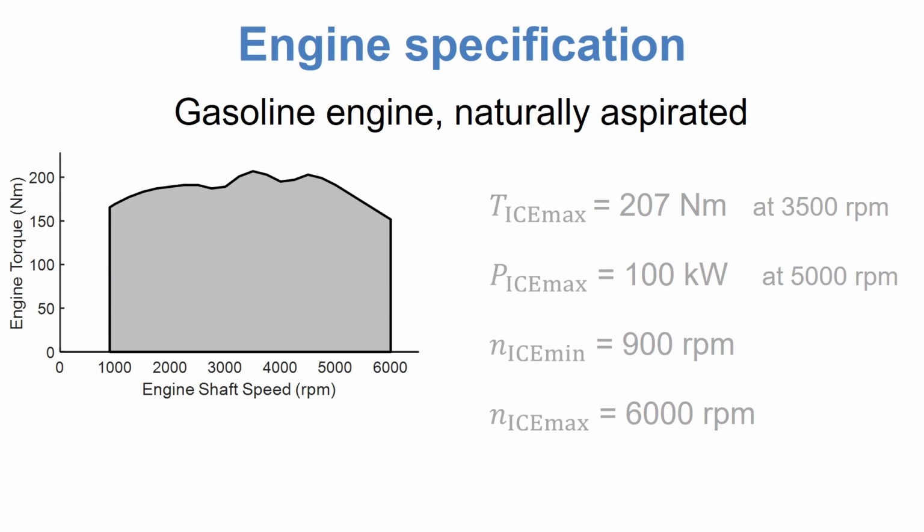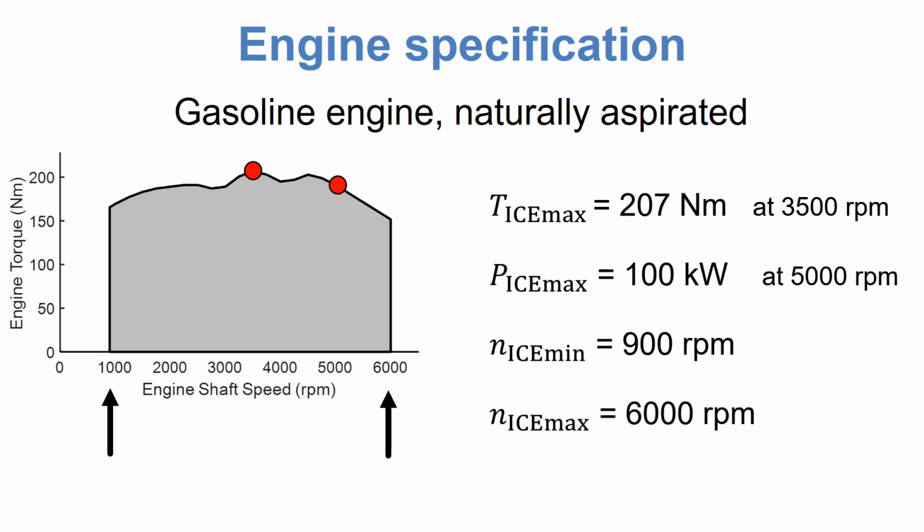The engine has a peak torque of 207 Nm at 3,500 RPM, and it can be found in the engine's torque speed diagram. It has a peak power of 100 kW, which is at 5,000 RPM.